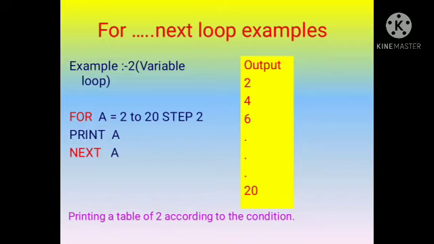In this way the full table will get printed till 20. Then when the value becomes 21, it will check from 2 to 20, and that value is bigger than that range. At that time the loop will get stopped and printing will get stopped by the computer.